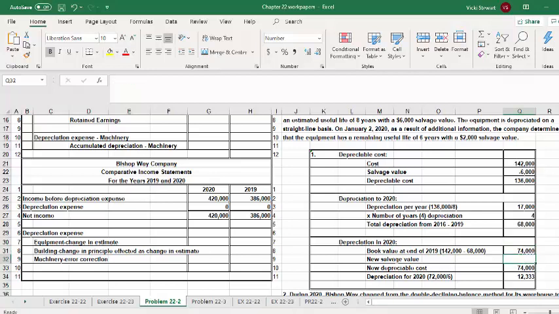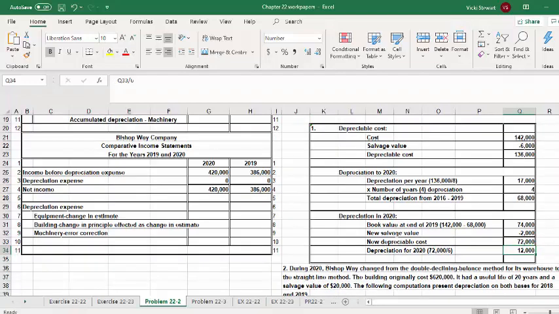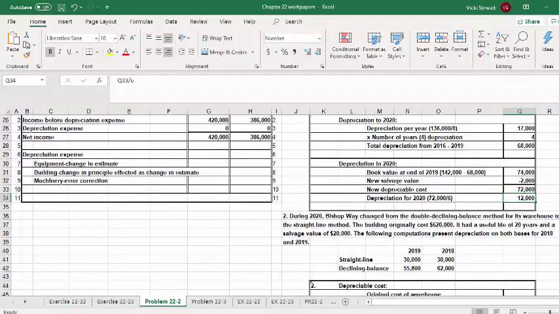So we pick up with the book value, subtract the new salvage value, which gives us a depreciable cost of $72,000, and we divide that by the remaining useful years of 6, and we get a new depreciation amount for the equipment of $12,000.